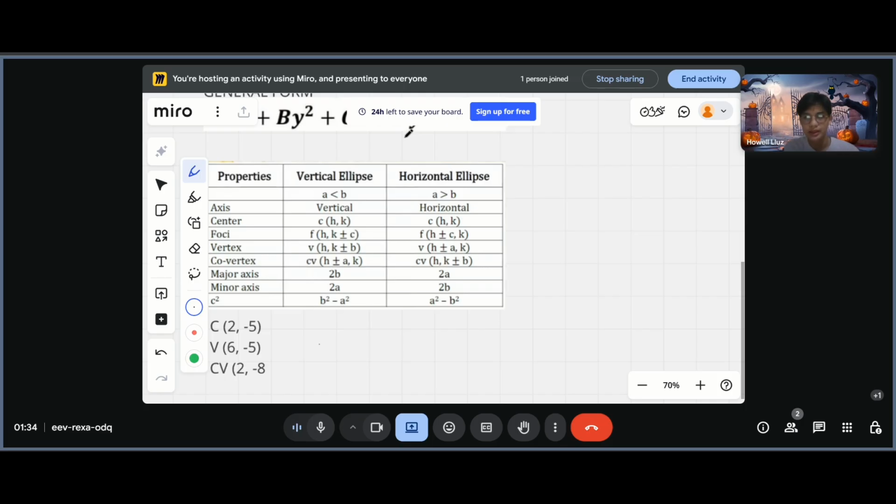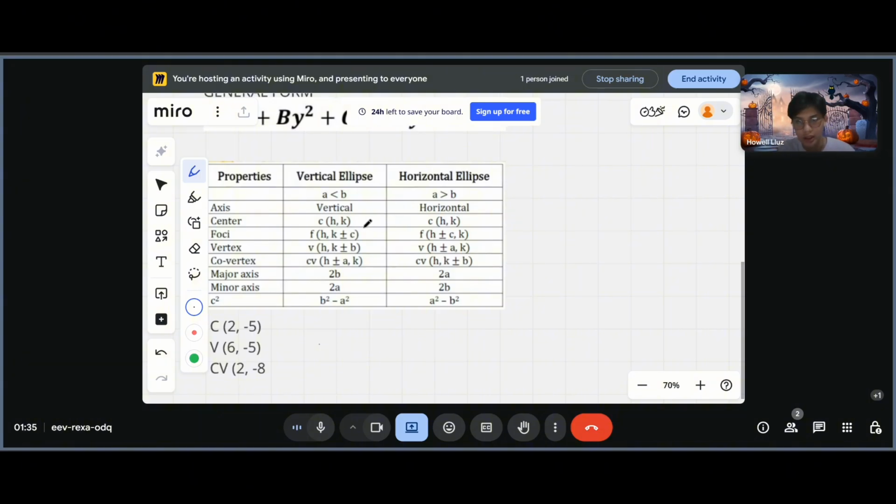So considering the properties of the vertical ellipse and horizontal ellipse, we have the axis, vertical and horizontal. For the center, (h, k), same in horizontal.